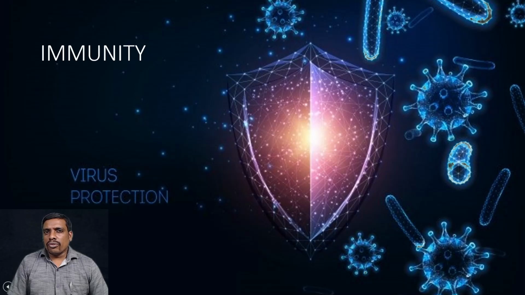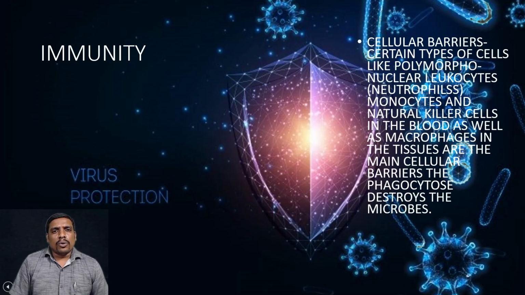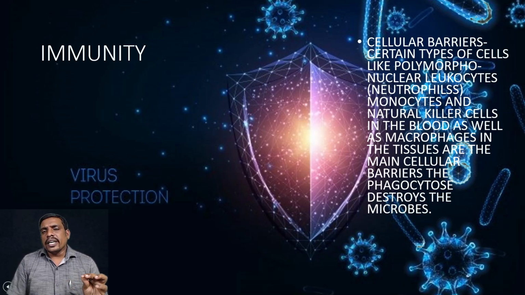Let me say a few more important points about the third type of barrier, that is cellular barriers. What are the various types of cellular barriers involved in innate immunity? Certain types of cells: polymorphonuclear leukocytes, point number one.